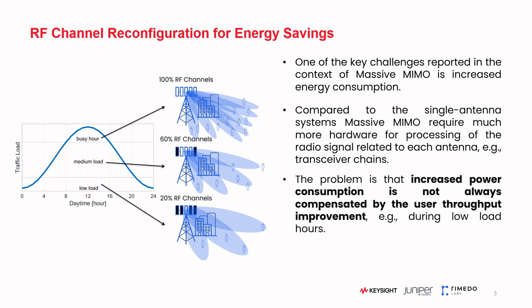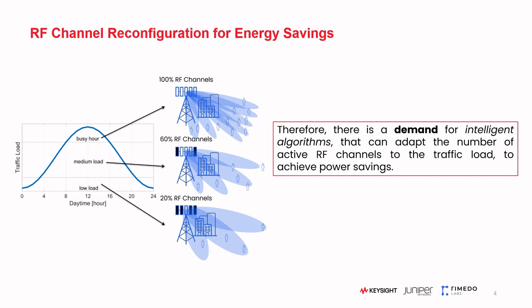The problem is that increased power consumption is not always compensated by the user throughput improvement, especially during periods of low usage. Therefore, there is a demand for intelligent algorithms that can adapt the number of active RF channels to the traffic load to achieve power savings.